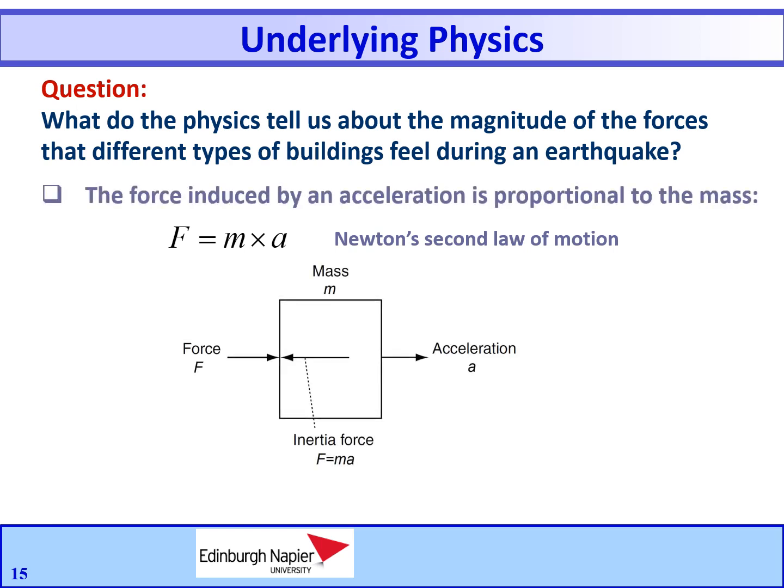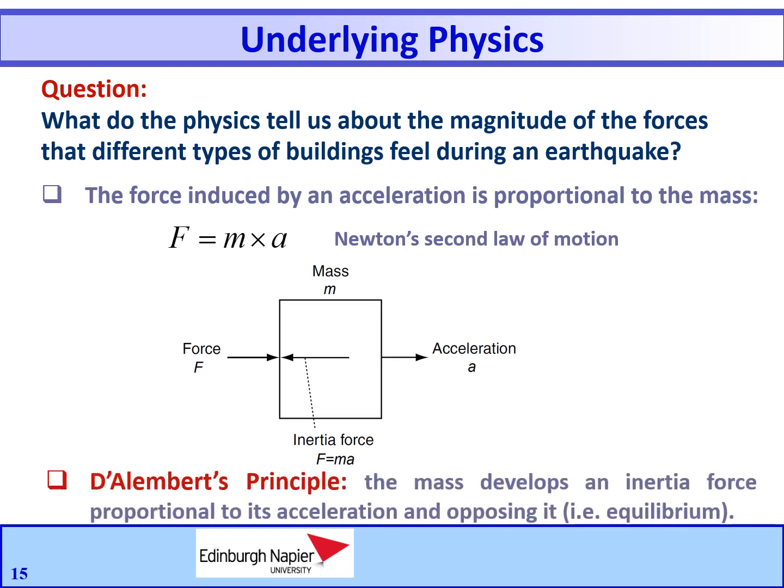The force induced by an acceleration is, as we know, proportional to the mass. This is known as D'Alembert's principle, and based on the sketch here, you can see that in essence, it means that any system of forces is in equilibrium if impressed forces are added to the inertial forces.